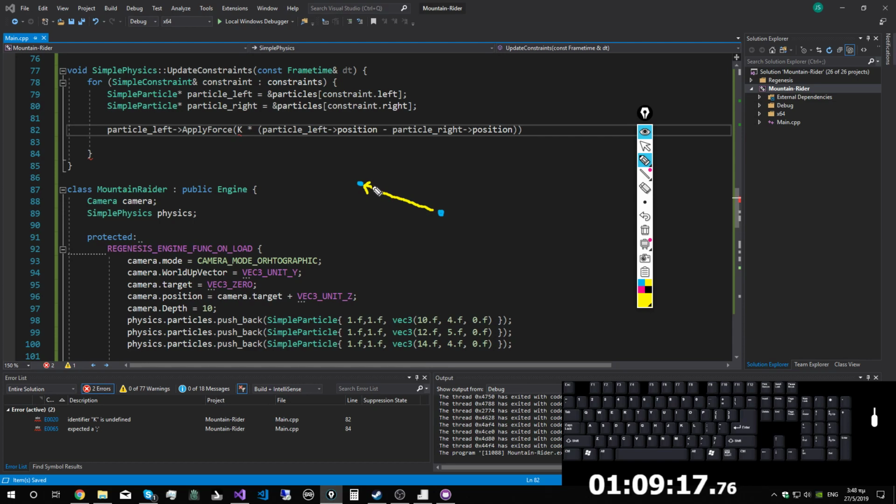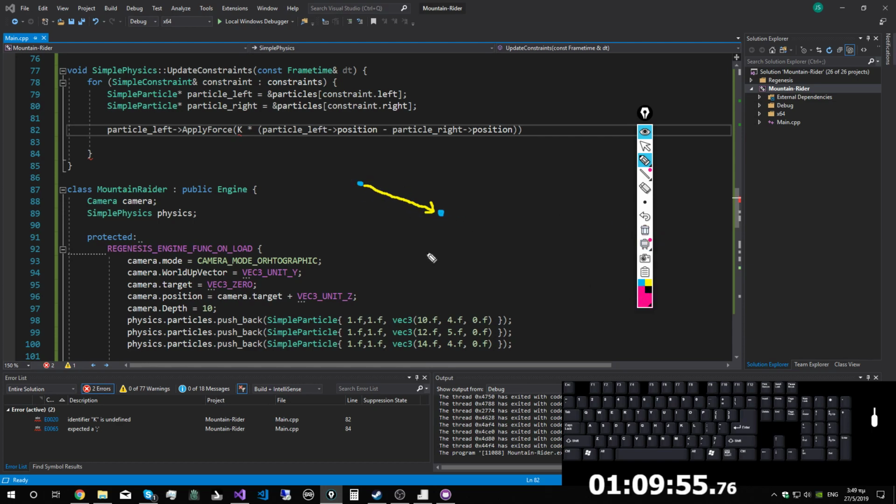Which is wrong. Of course it is wrong. We don't need to do that. We need to get that vector, because the spring will push that guy towards that direction, right? But we don't need these two guys to be in contact.